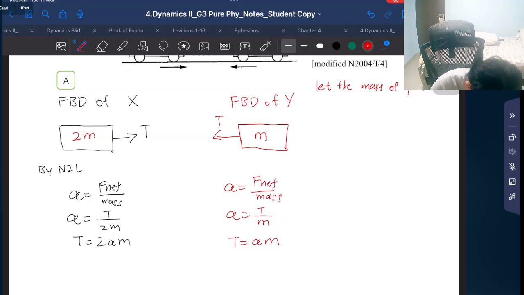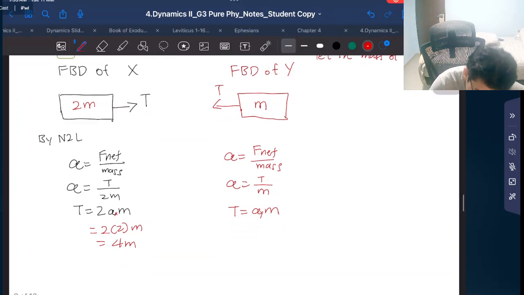And I do know that this A belongs to X, this A belongs to Y, so I also know that AX will be equals to 2M, so equal to 4M.